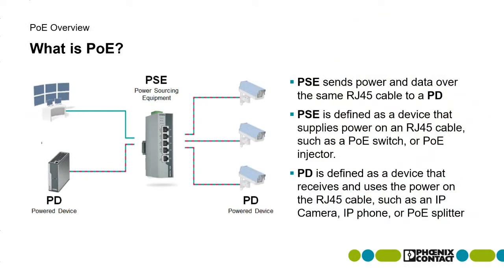All right, getting into a little bit of what is PoE. So to start, PoE stands for Power over Ethernet. And there are two types of terminology to know. It's quite simple: PoE really is power and data all on one cable. And it's connected between a PSE, or power sourcing equipment, and a PD, which is a powered device. For the power sourcing equipment, here we have an example of a PoE switch.